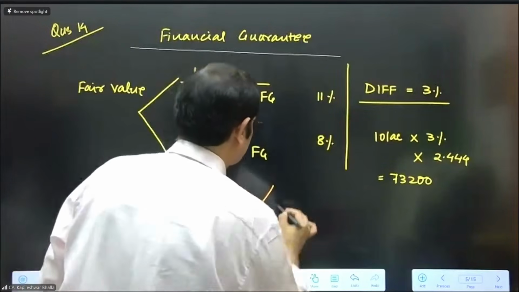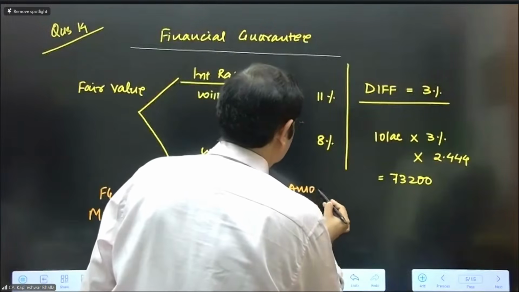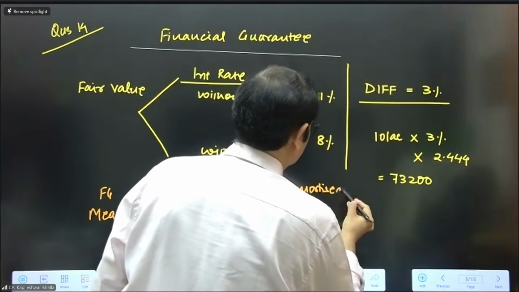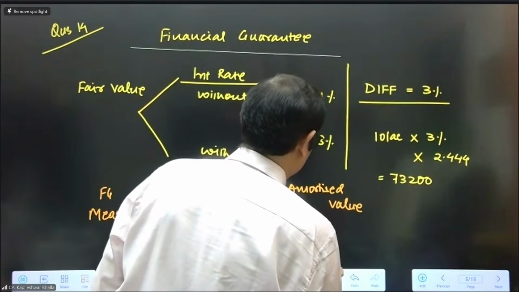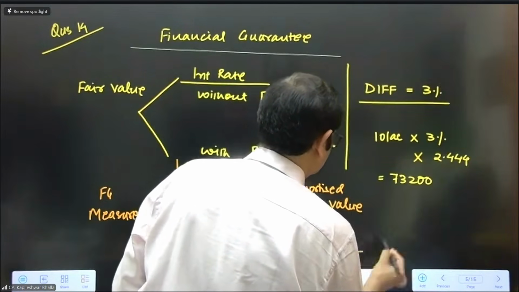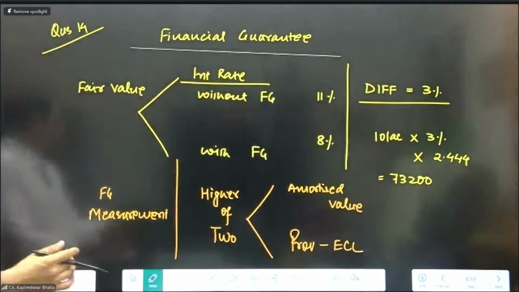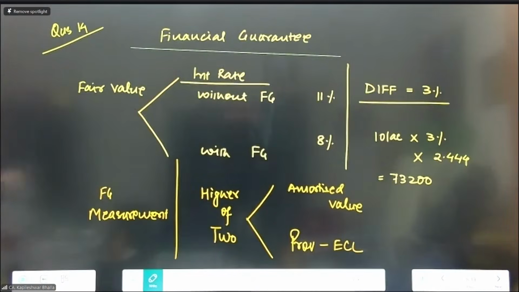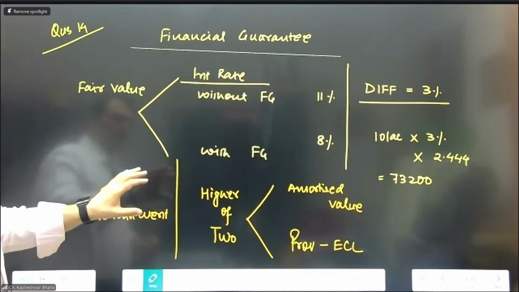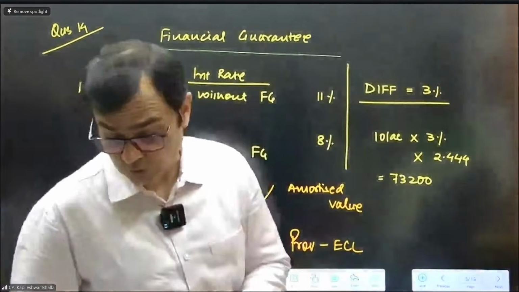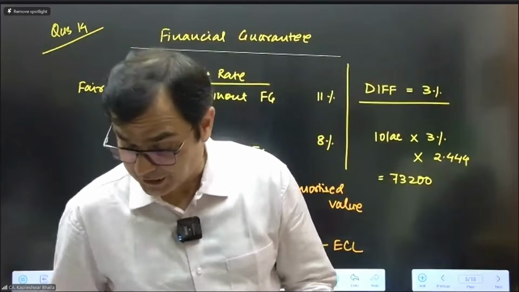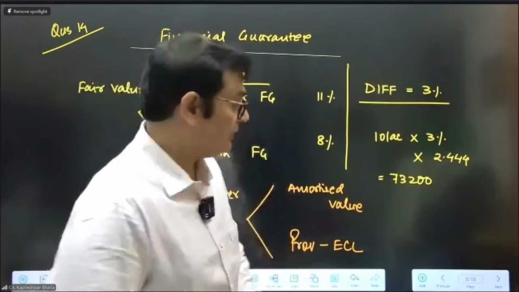We need the amortized value of this guarantee, and we need the provision for ECL, expected credit loss in case of a default, whichever turns out to be greater. So we need to do this exercise for 2 consecutive years, that is March X2 as well as March X3. One is March X2.